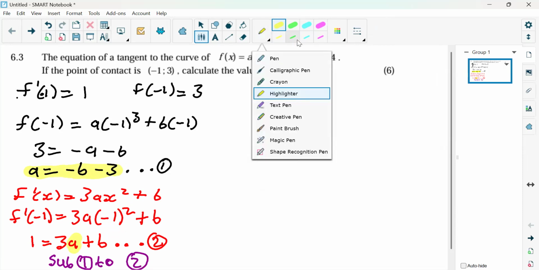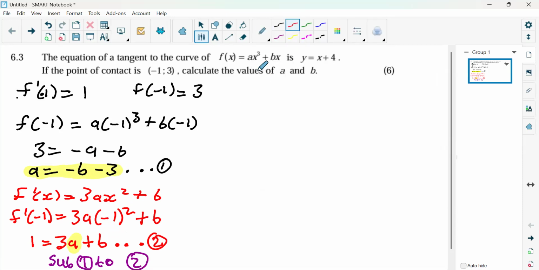So that means we're going to have 1 is equal to 3 open bracket, we have minus b, minus 3, close bracket, plus b.